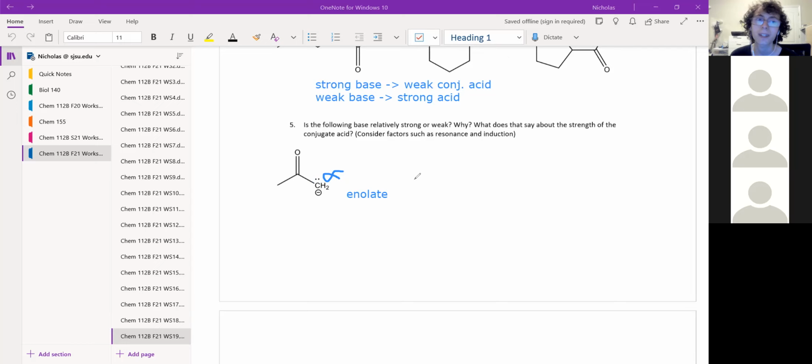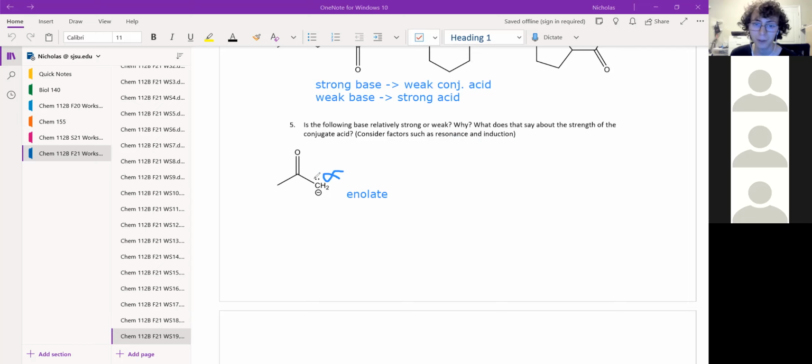I have a hint here. Typically, if you're not sure how to explain something, resonance or induction are two factors that you can usually fall back on. So, one might be weaker because it has a resonance form and it can be stabilized.